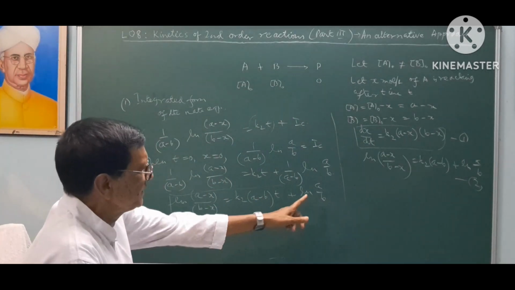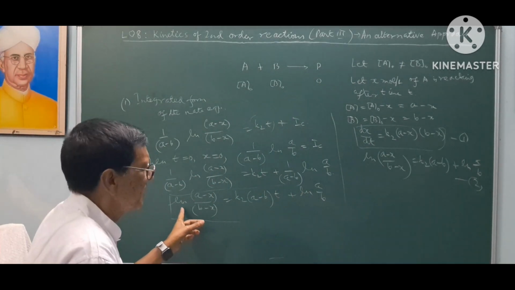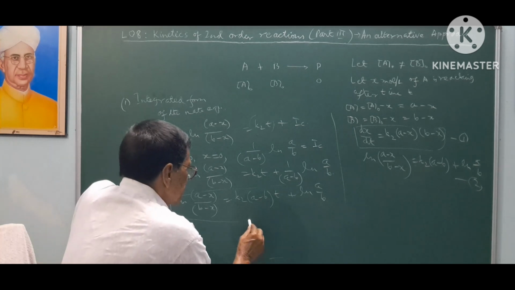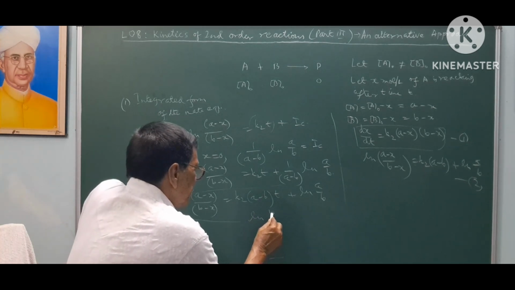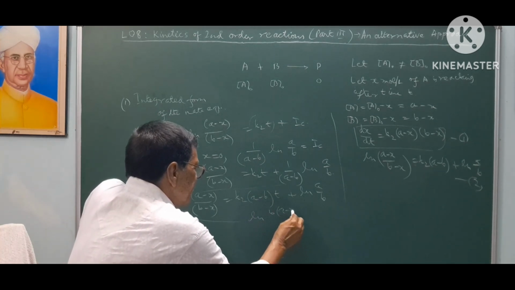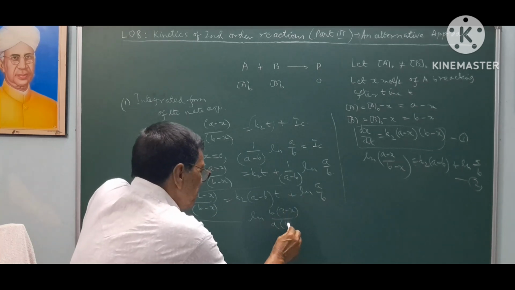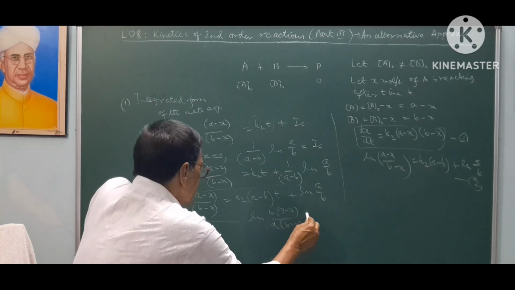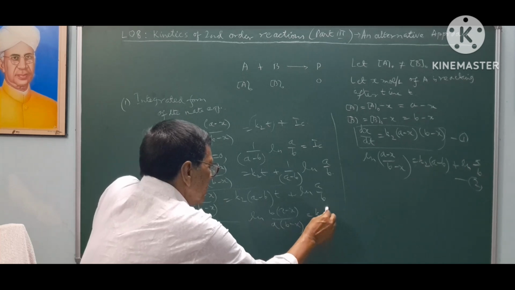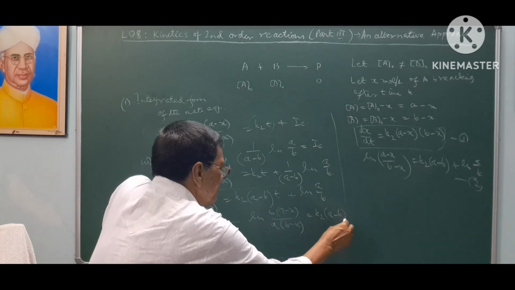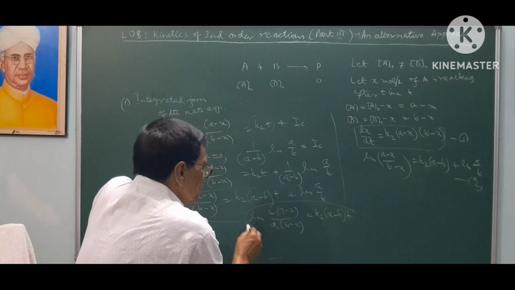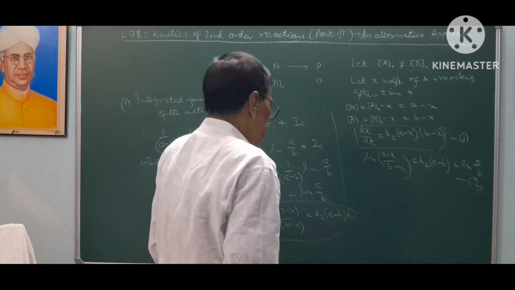However, if we bring this term to the left hand side, then it becomes ln b into (a minus x) over a into (b minus x) equals k2 into (a minus b) into t. This is also another form of this integrated equation.